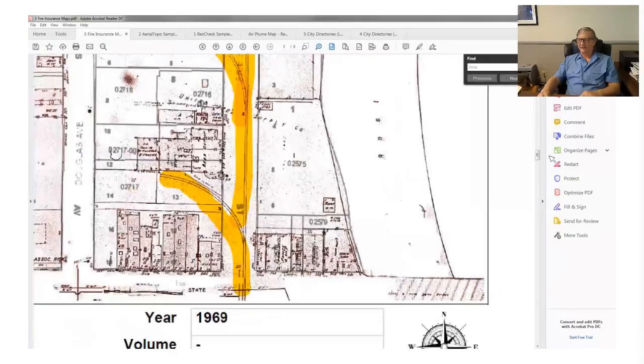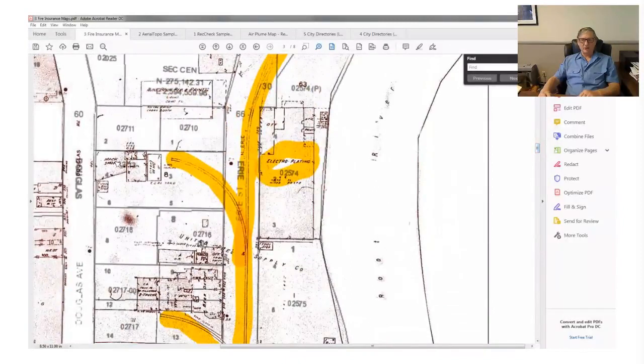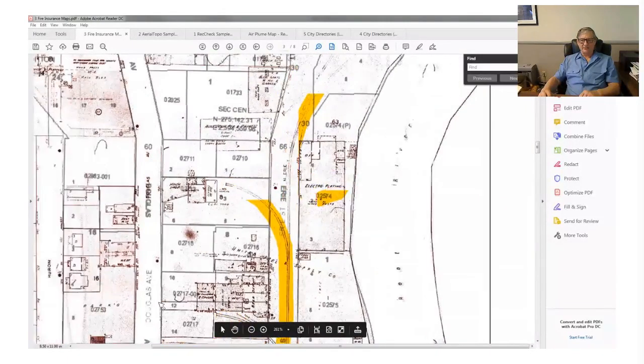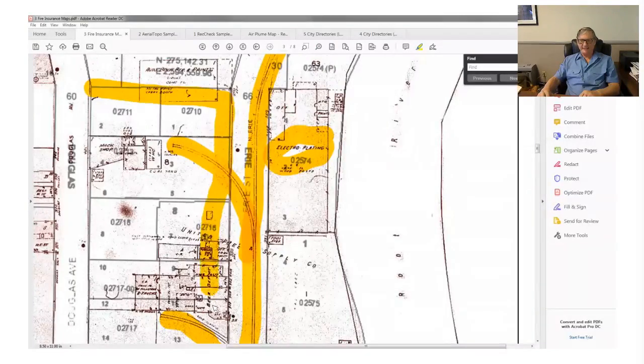So I want to zoom in on that, and that's what I'm going to do. And so what do we have on our subject property? Remember, these are parcel maps, and you can see where our parcel is, and that's really nice.